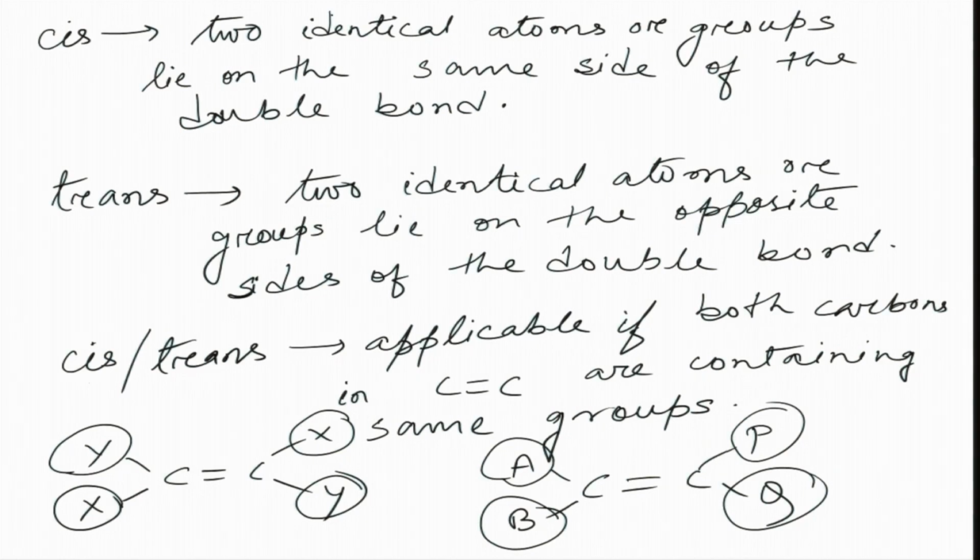Now, cis trans configuration can also be used in such cases. Suppose one substituent is common in both the atoms. So, with respect to Y, if we see Y is common in both of these atoms and they are on the opposite side, so we can call it trans. In this case, it is possible because at least one substituent should be common in both atoms for saying the cis trans configuration.